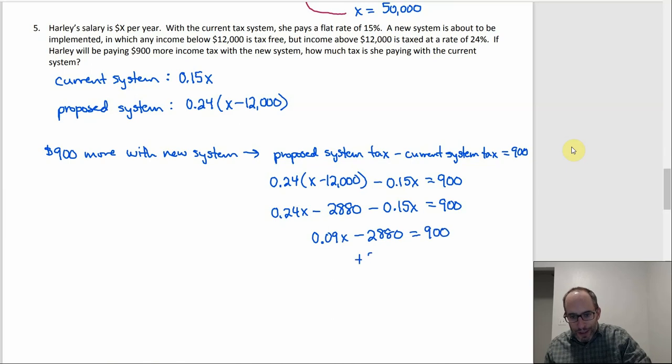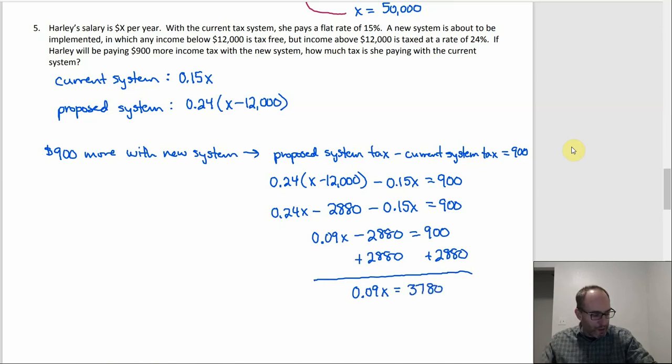And then adding the 2880 to both sides to get the x term by itself, we're going to end up with 0.09x equals 3780. And then we've got to divide both sides by 0.09 to get the x by itself.